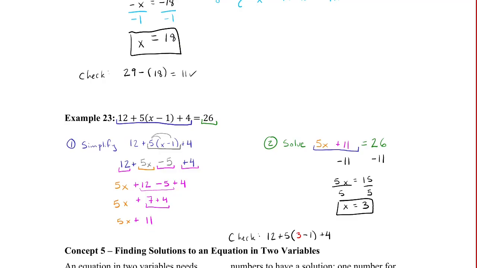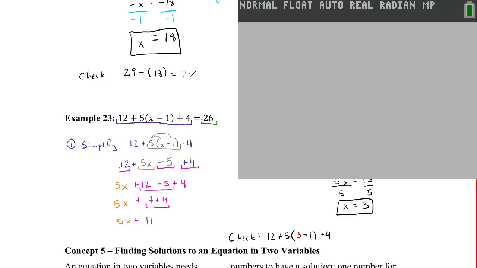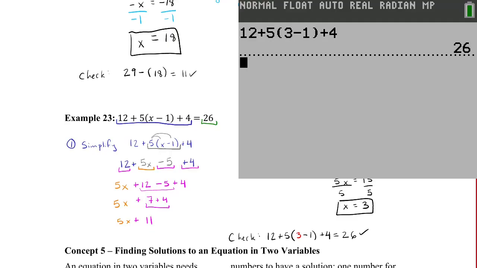And I could work through that whole thing, or I could just throw that whole thing into my calculator. We'll say 12 plus 5 parentheses 3 minus 1 plus 4. And that really does give us 26, which is what we hoped to see.